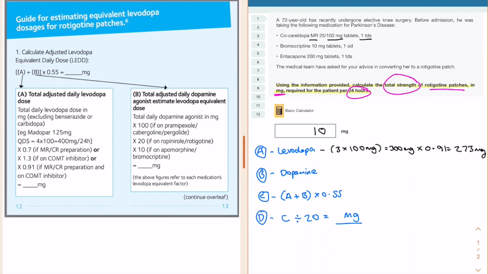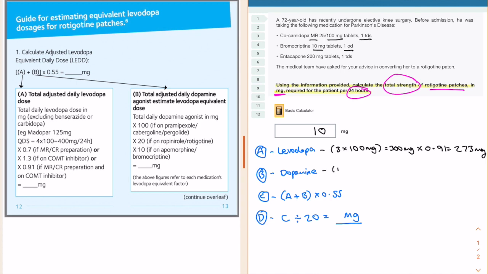Now we're going to do part B, our dopamine calculation. For the dopamine calculation, we know that bromocriptine is our dopamine agonist over here, and the patient is taking 10 milligrams once a day. So their total dose is 10 milligrams because it's 1 tablet a day. If you look at the resource pack, it tells you that if they're on bromocriptine for part B, you times it by 10. That's your factor to calculate the equivalent dose.